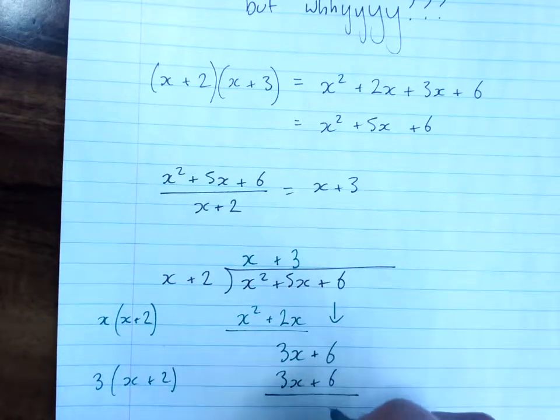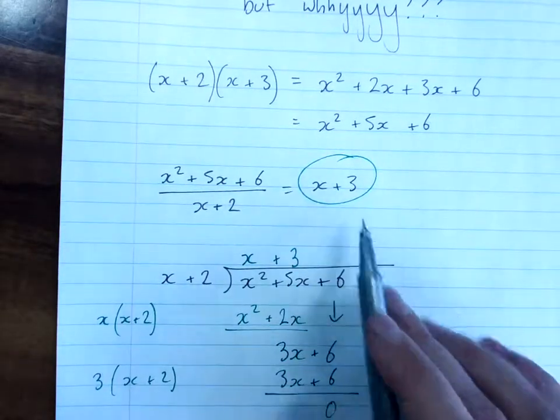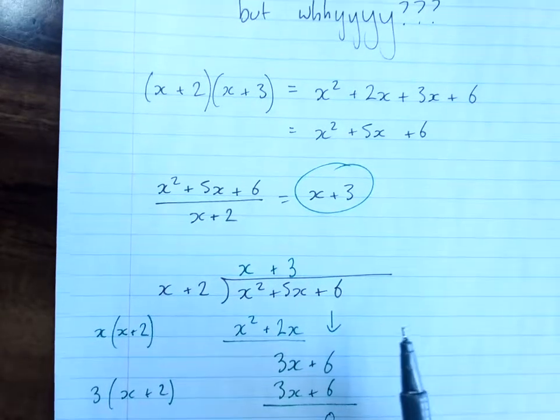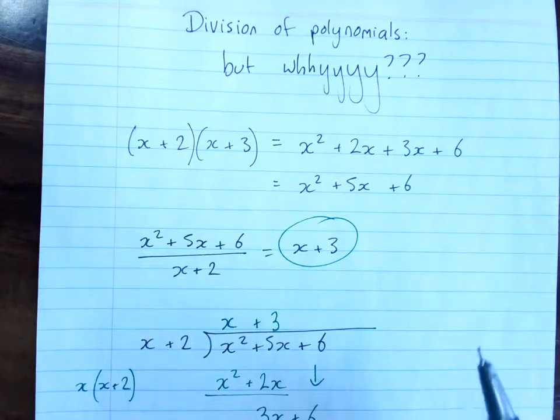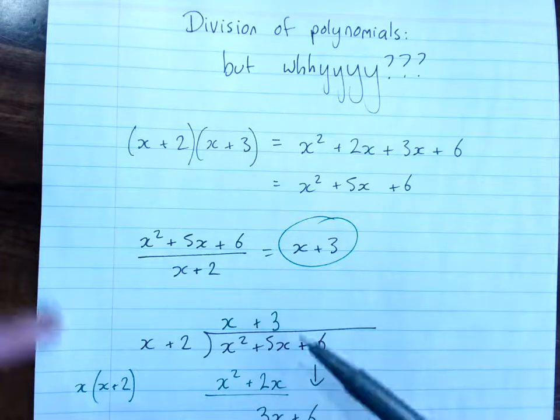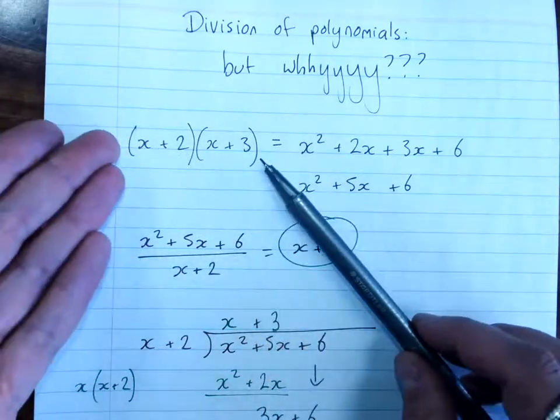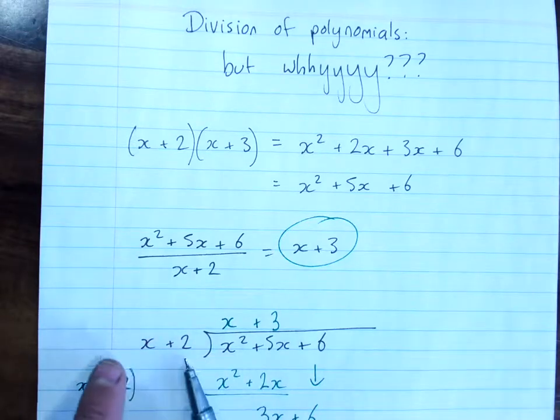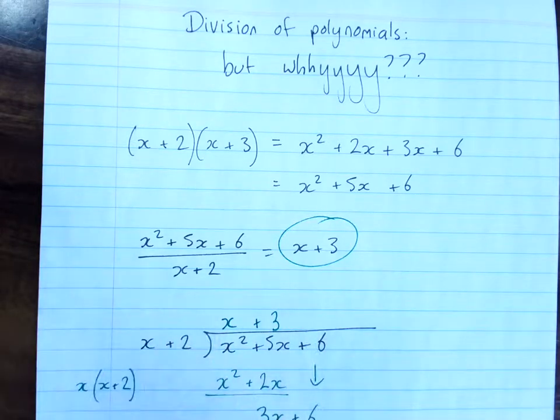So we subtract, we get 0, and our answer is x plus 3, which we knew. So that's why our division of polynomials works. That we're using the expansion of polynomials to understand how we can divide back into it to get an answer.